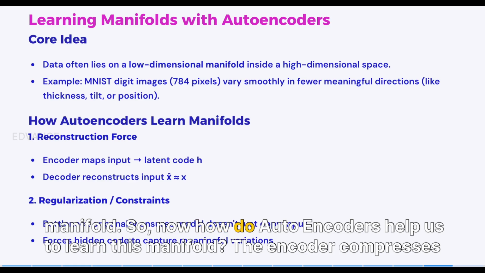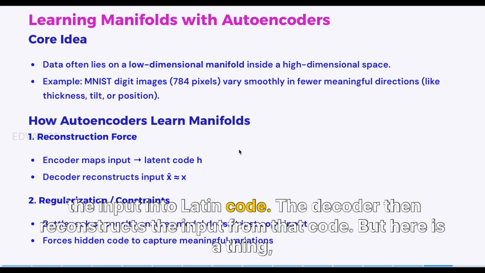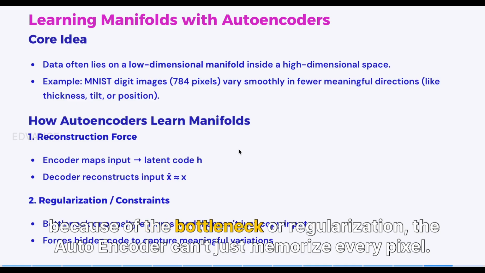So now, how do autoencoders help us to learn this manifold? The encoder compresses the input into a latent code. The decoder then reconstructs the input from that code. But here is the thing: because of the bottleneck or regularization, the autoencoder can't just memorize every pixel.